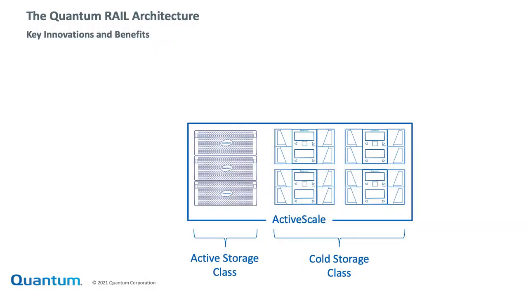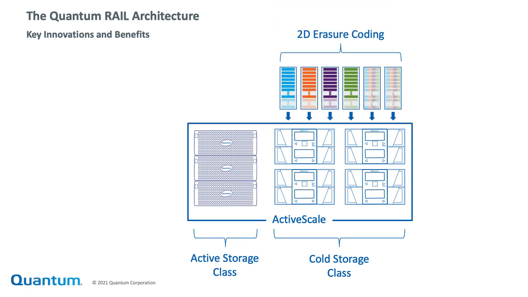Within an ActiveScale namespace, you have both the active and cold storage classes. And Rail is the idea that the cold storage class is made up of multiple, smaller, independent libraries working as an array. And with Quantum's 2D erasure coding, the resulting multi-terabyte segments can be streamed in parallel to these independent libraries.